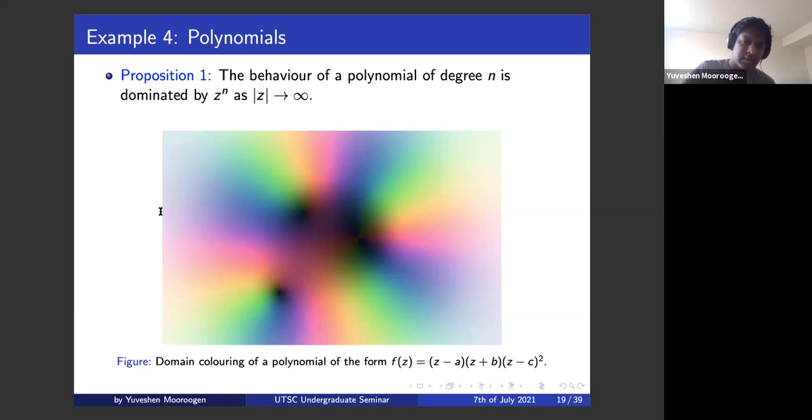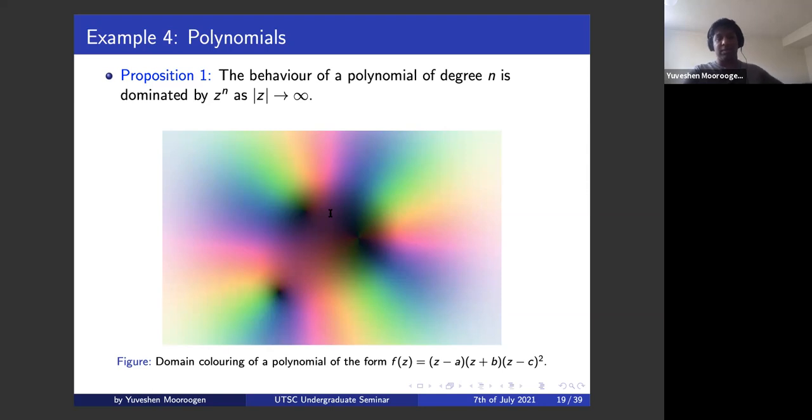And then again a second time, a third time, and finally a 4th time. So if I look at the outer edge of the picture, I can guess that this polynomial behaves like z to the 4th power when I move away from the origin. That lets me guess that I'm dealing with a 4th degree polynomial.